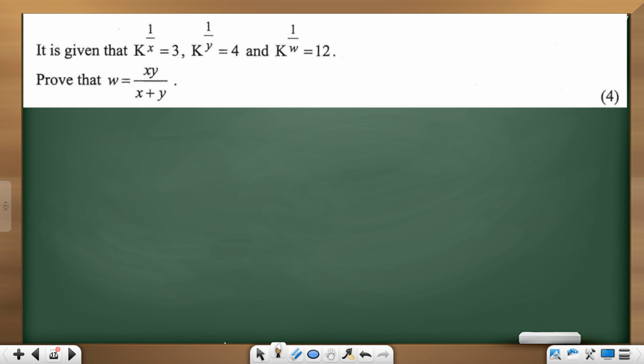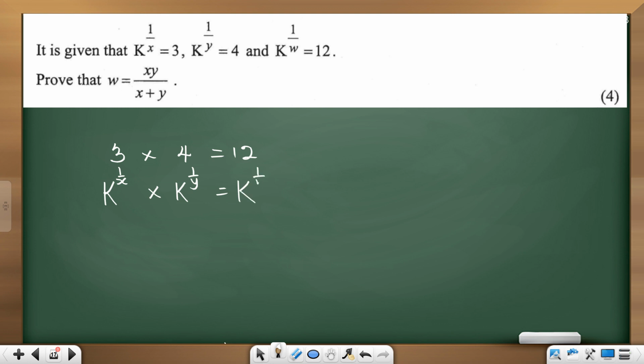3 times 4 is equal to 12. And that's the answer to this question. They gave you 3, they gave you 4, they gave you 12. 3 times 4. What is 3? K to the power 1 over x. What is 4? K to the power 1 over y. What is 12?